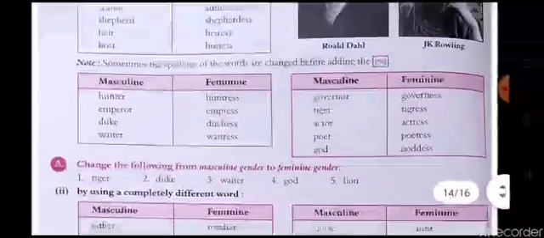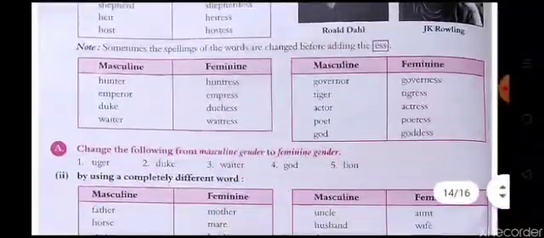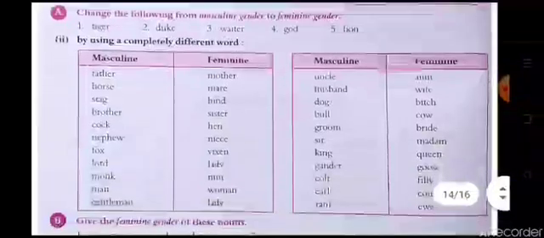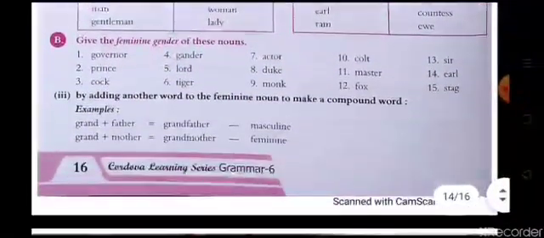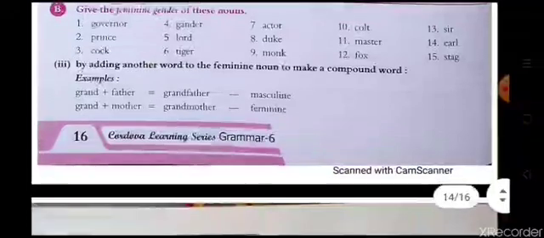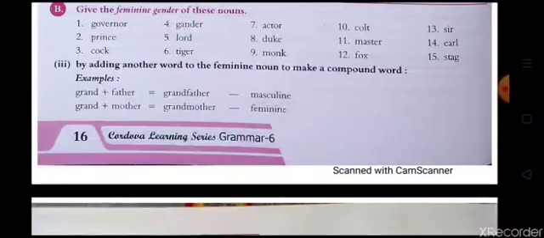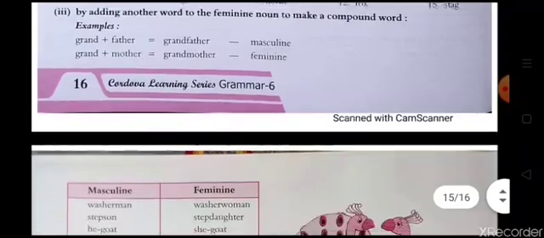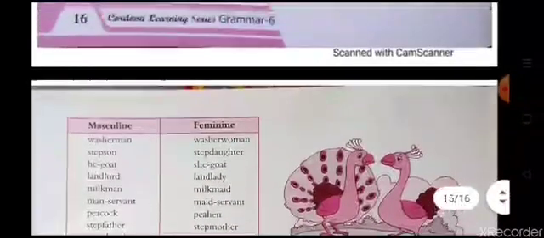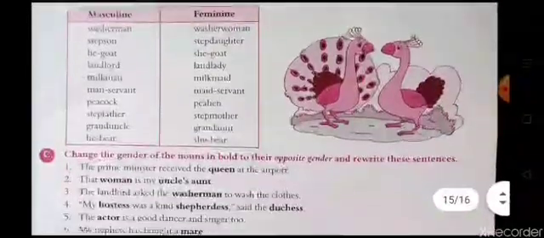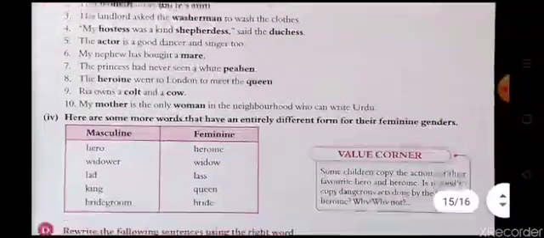Sometimes the spelling of the words are changed before adding ess, and by using a completely different word, or by adding another word to a feminine noun to make a compound word. So how can we make the masculine gender to feminine gender? So we have to learn these rules.